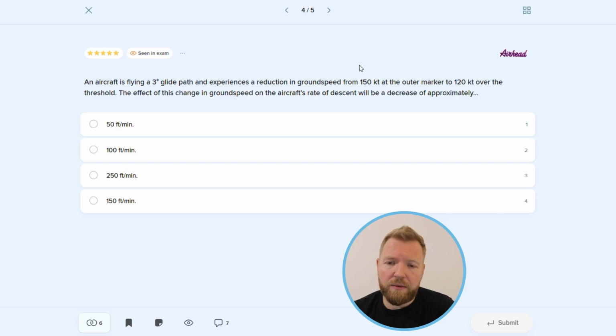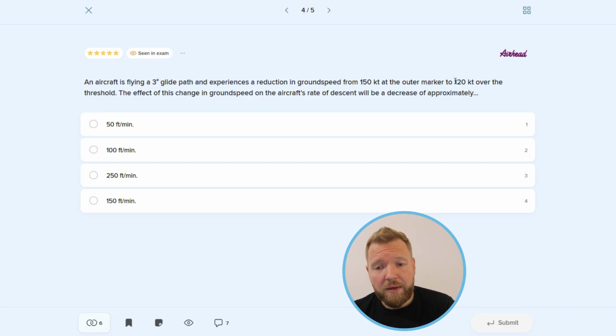So here, in this question, we have to find how much the rate of descent will decrease if our ground speed drops from 150 knots to 120 knots. At outer marker with 150 knots ground speed, our rate of descent will be 750 feet per minute: first two numbers, so 15, divided by 2 and multiplied by 100.